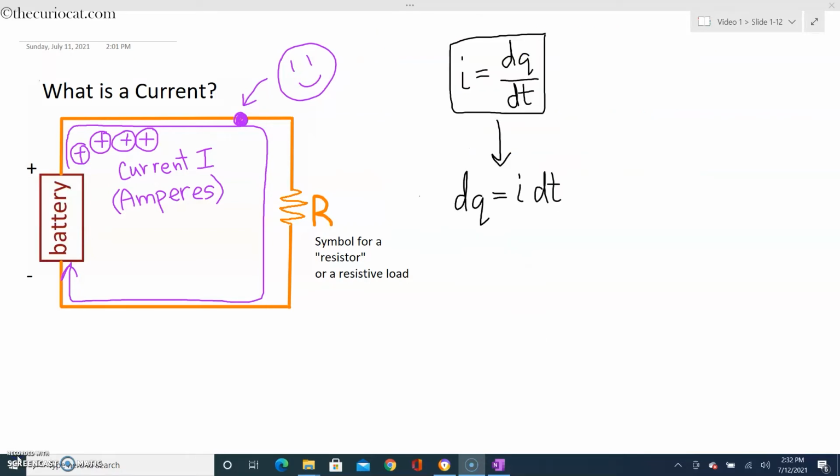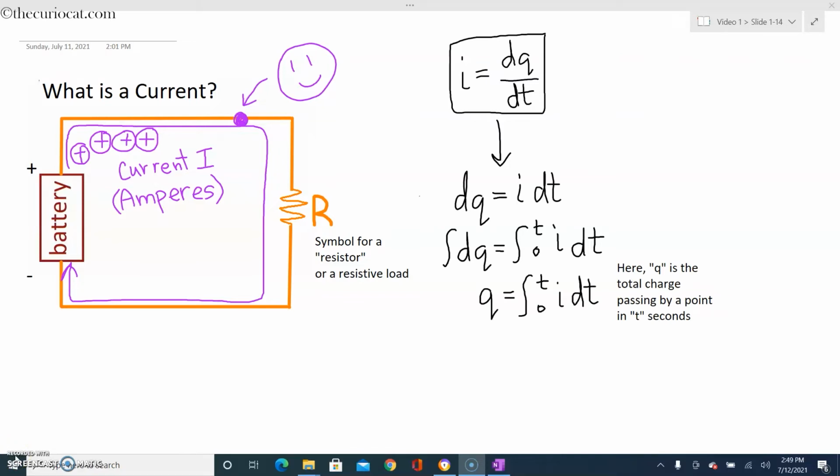You can also rewrite the equation as dq equals i dt. Now, this is useful because if you integrate both sides, then you can find the total amount of charge q that passes through any point over any specified period t. So here, I have expressed the total charge q as a time integral.